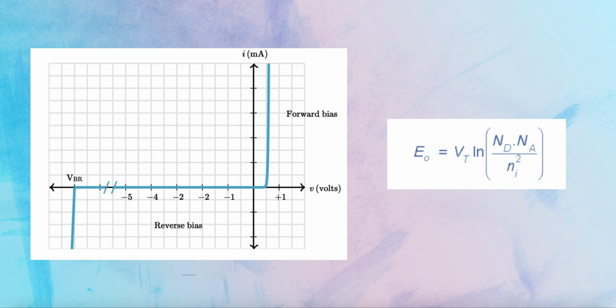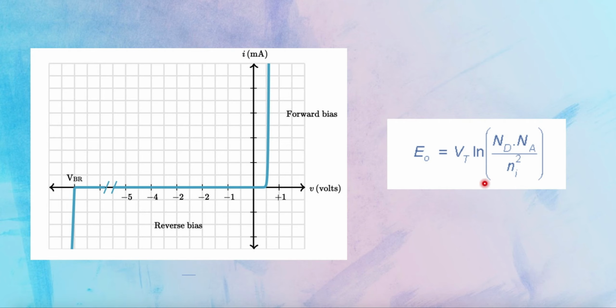Before moving on to forward bias, this is the general graph of an ideal diode showing the forward bias and reverse bias regions, and it is a voltage-current graph. You might not understand this graph completely now, but you will understand it when we individually see what forward and reverse bias are.